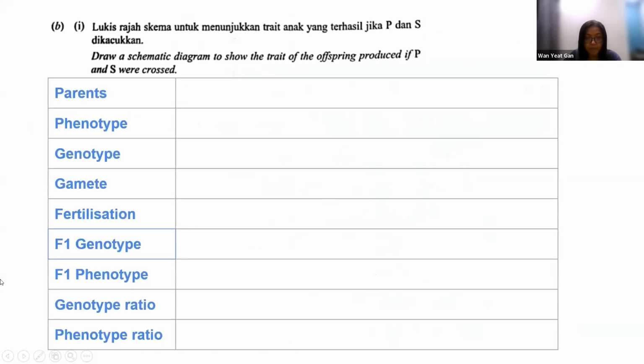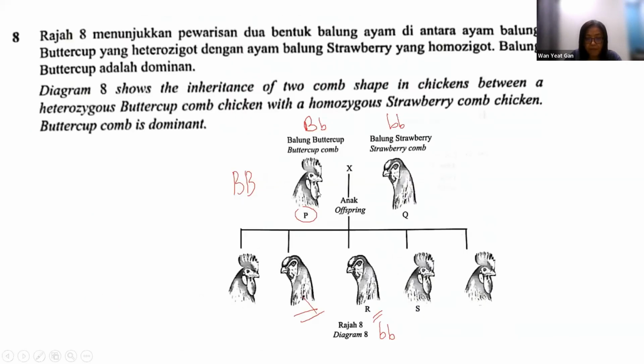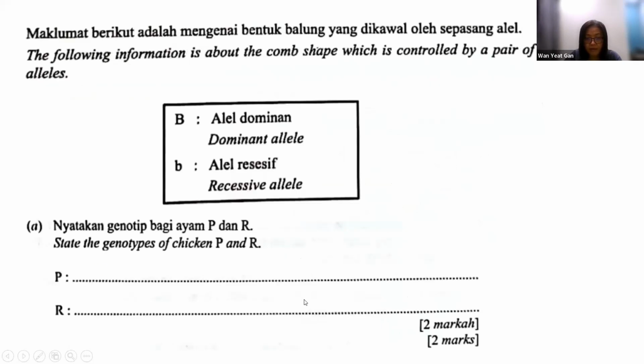Okay, now we're going to draw the schematic diagram to show the trait of the offspring if P and S are crossed. So let's see what is P. Now P is big B, small b, and S is, what is S?